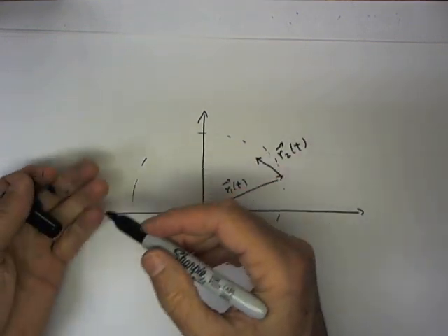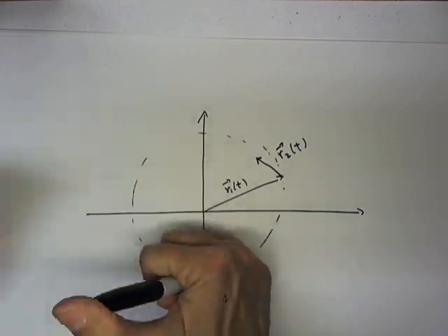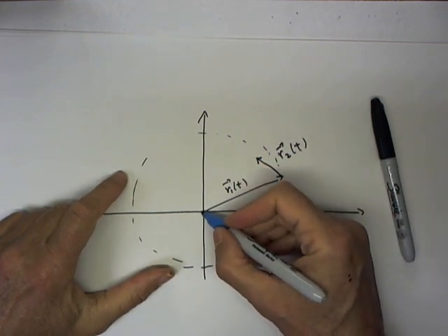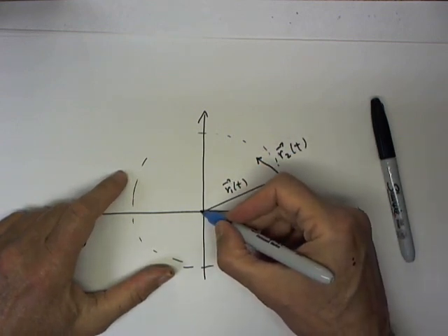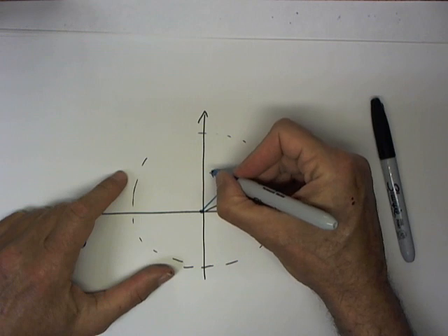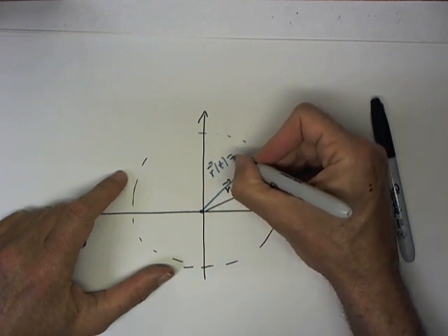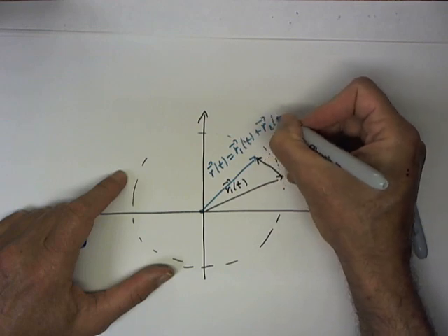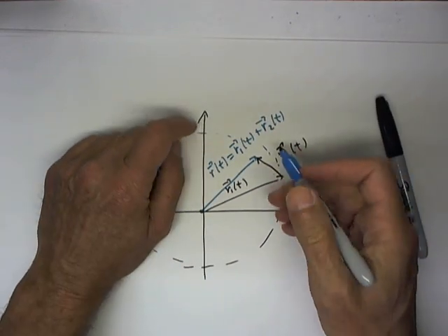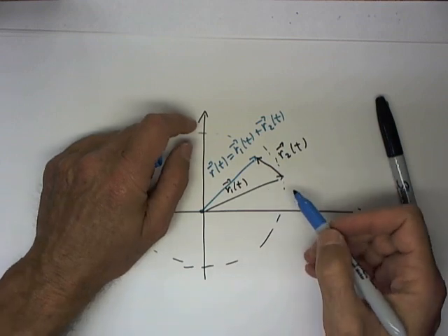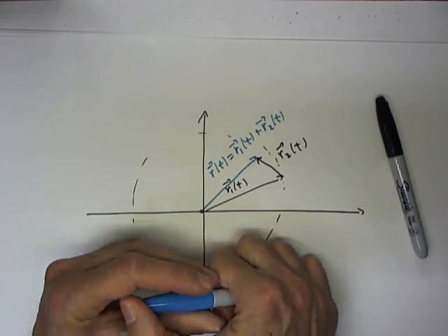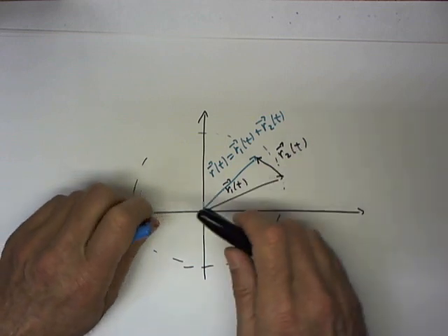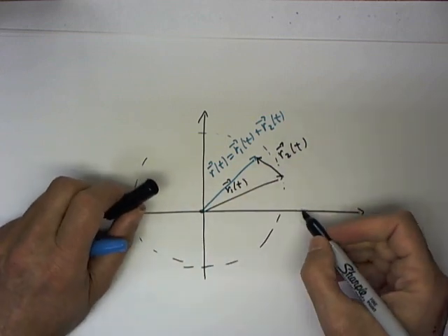And I've labeled these somewhat clumsily. But we have now the vector r of t equals r1 of t plus r2 of t. And if we know r1 and r2 both as functions of t, we're going to be able to trace this point out. Now, the path might look something like this.